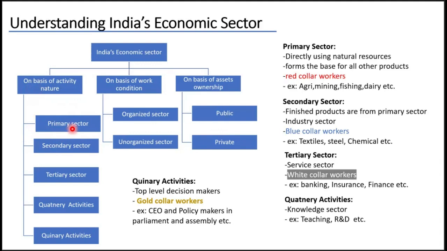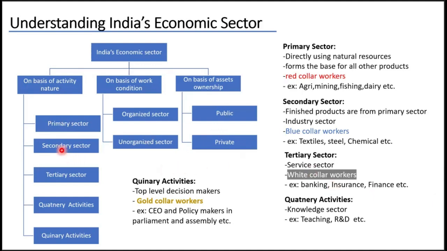Or in other words, this sector creates the base for all other products. The best examples for primary sector are mining, agriculture, fishing, and dairy. And the people who work in the primary sector, we call them red collar workers.